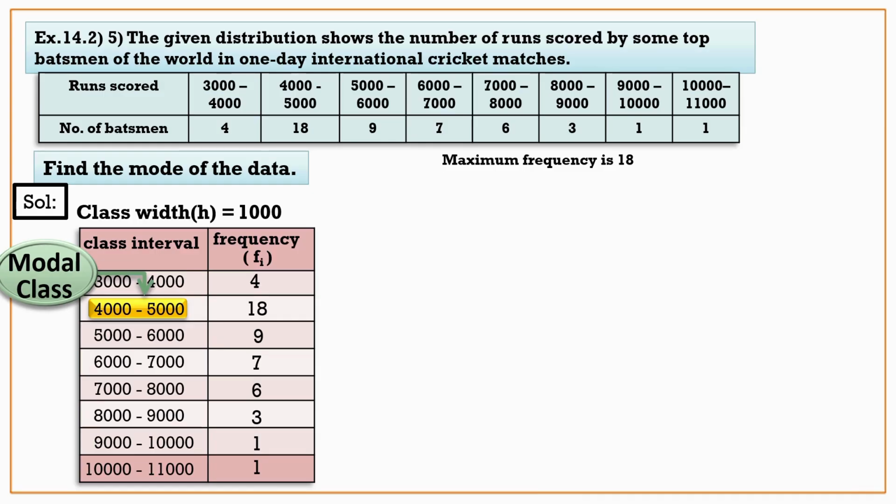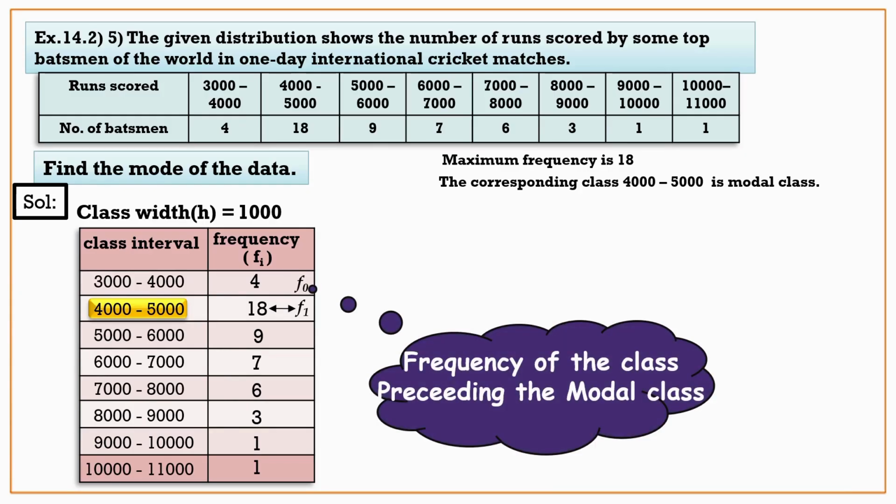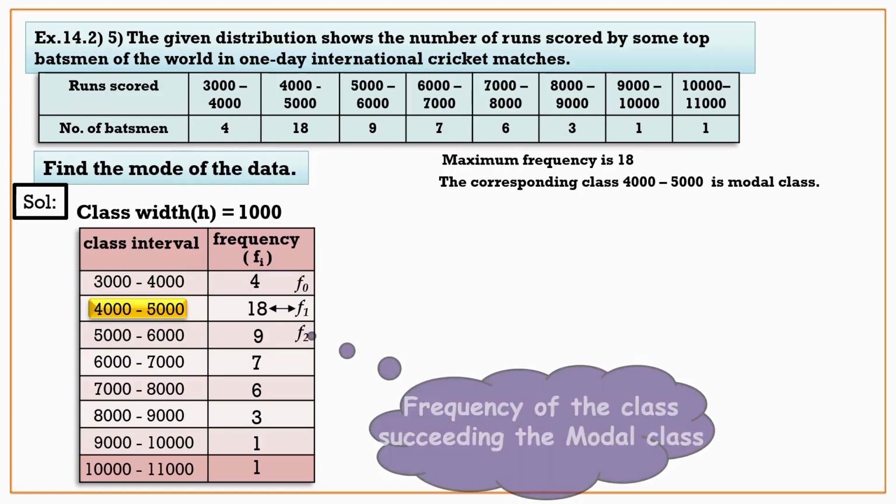So here the modal class will be 4000 to 5000. So now the maximum frequency will be chosen as F1 and the preceding one will be chosen as F0 and the succeeding one will be chosen as the F2.